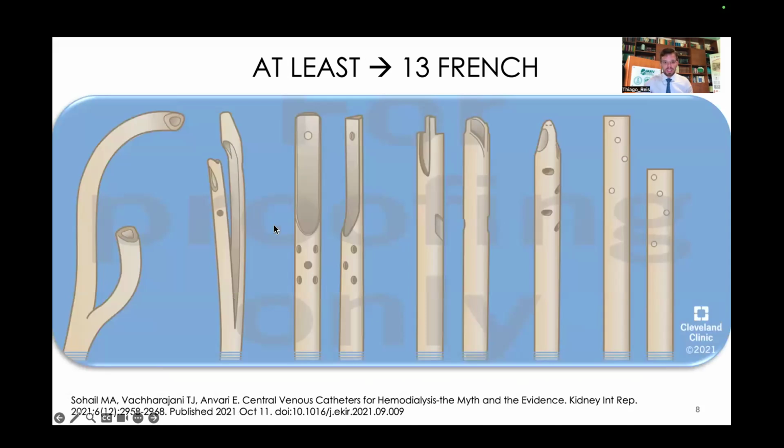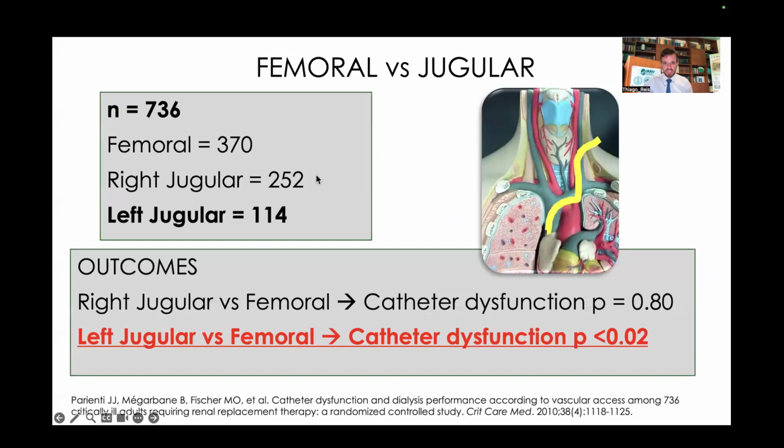There are different kinds of catheters with different tips. First, an important question is whether femoral or right jugular access have differences concerning outcomes. In this trial, the patency of catheters was compared depending on the site.